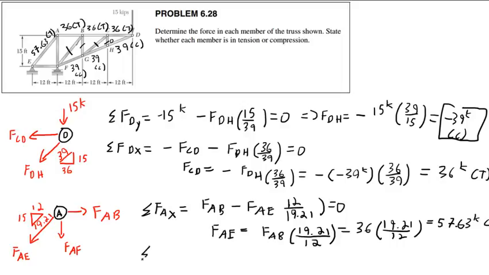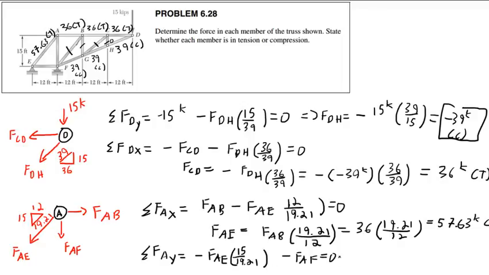And now sum of forces on joint A in the y direction is going to be negative FAE times 15 over 19.21 minus FAF equals 0.